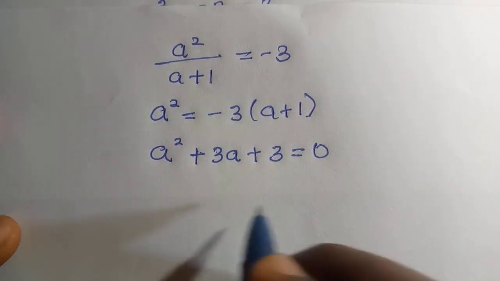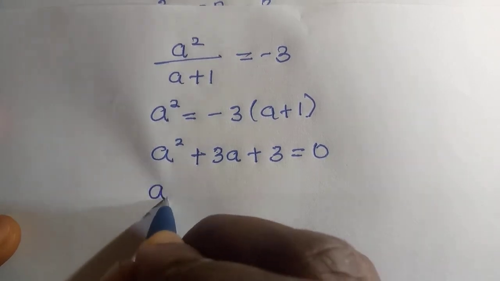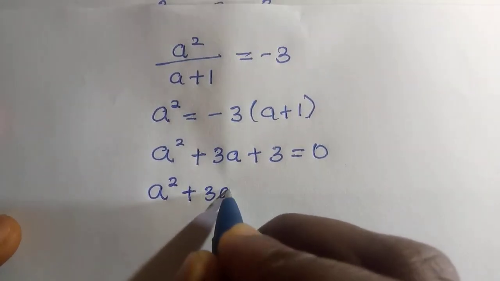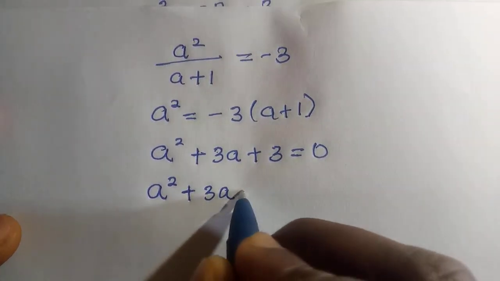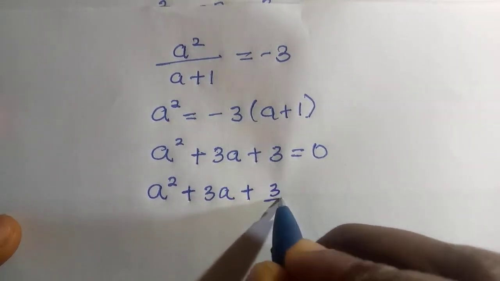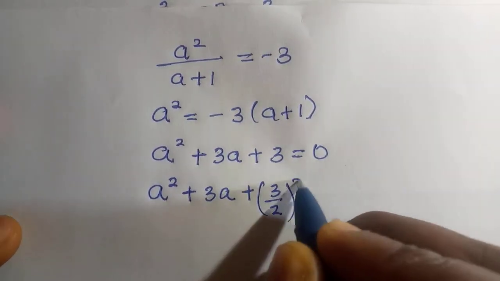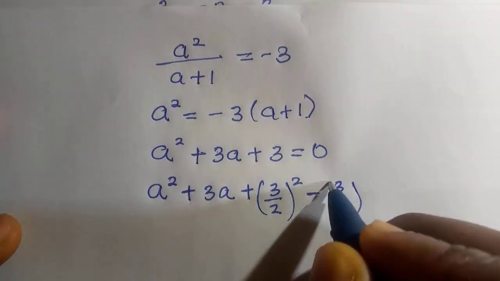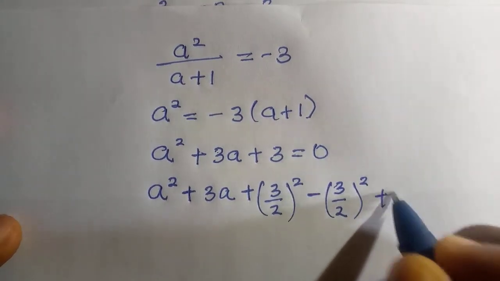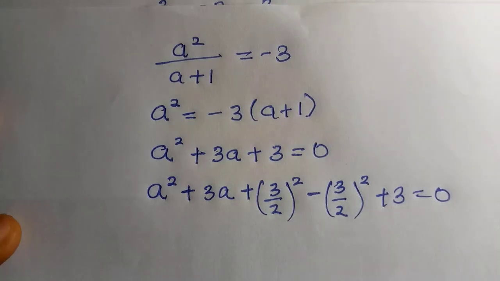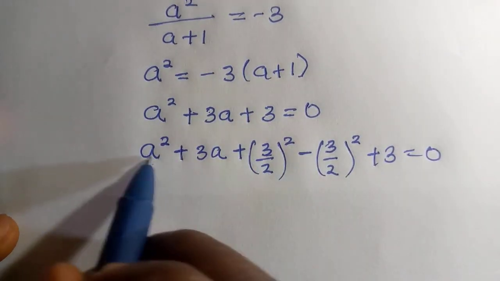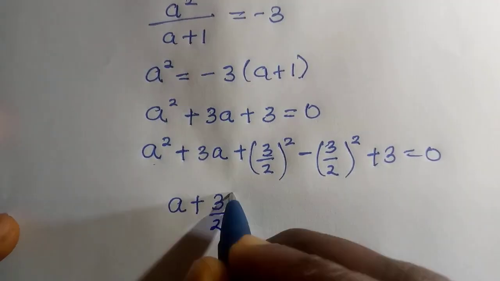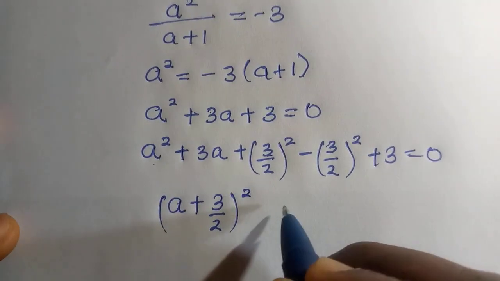So what I'll do here is, suppose I say a squared plus 3a. Suppose I add plus (3 divided by 2) squared, and I also subtract (3 divided by 2) squared, so plus 3 equals 0. So we have to combine this together, and we have it as (a plus 3 divided by 2) all squared.